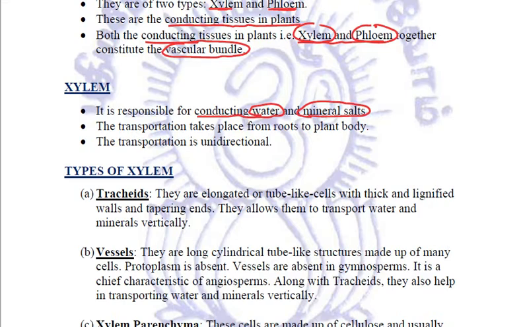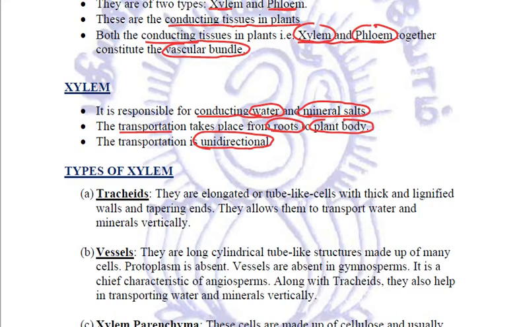Plants take all the water and the minerals dissolved in water from the soil. So the transportation in xylem takes place from the roots to the plant body, and this transportation is unidirectional. It is in one direction, vertically upwards, that is from roots to plant body.